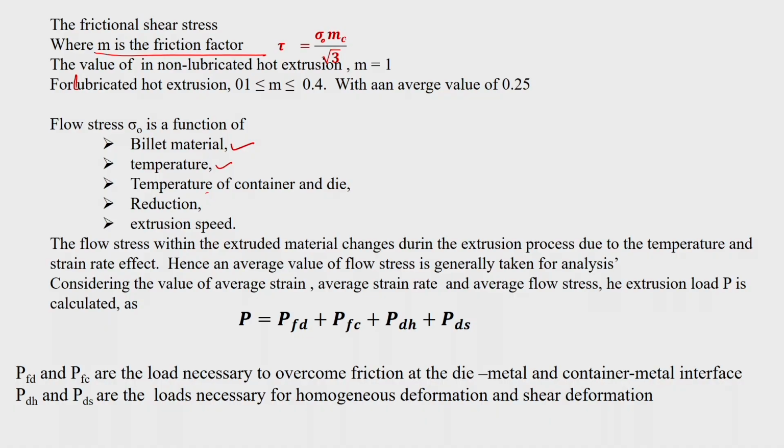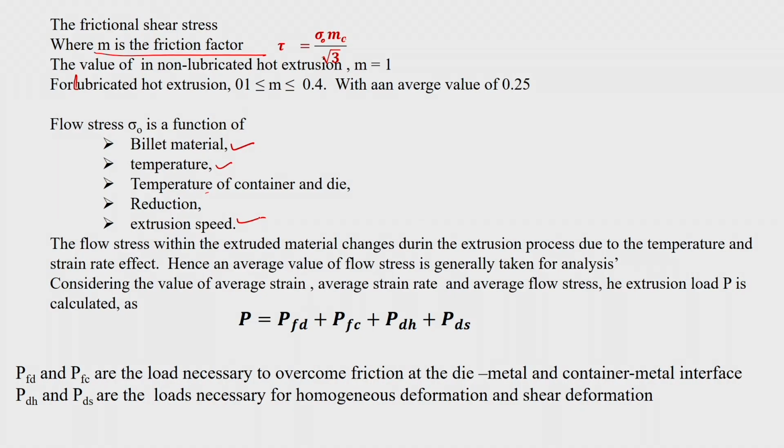In recent studies like deformation mechanism maps, you will find that there is a process window of strain rate and temperature over which we can deform the material. With higher speed there is going to be defect, but with lower speed, that means lower strain rate, the defect may be less. So, the extrusion speed also has an important influence on the flow stress of the material.